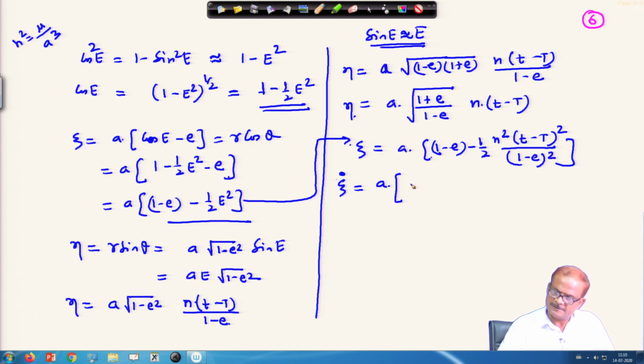So once we differentiate, a is there and then minus n square divided by 2 times 2 t minus t, divided by 1 minus E square.